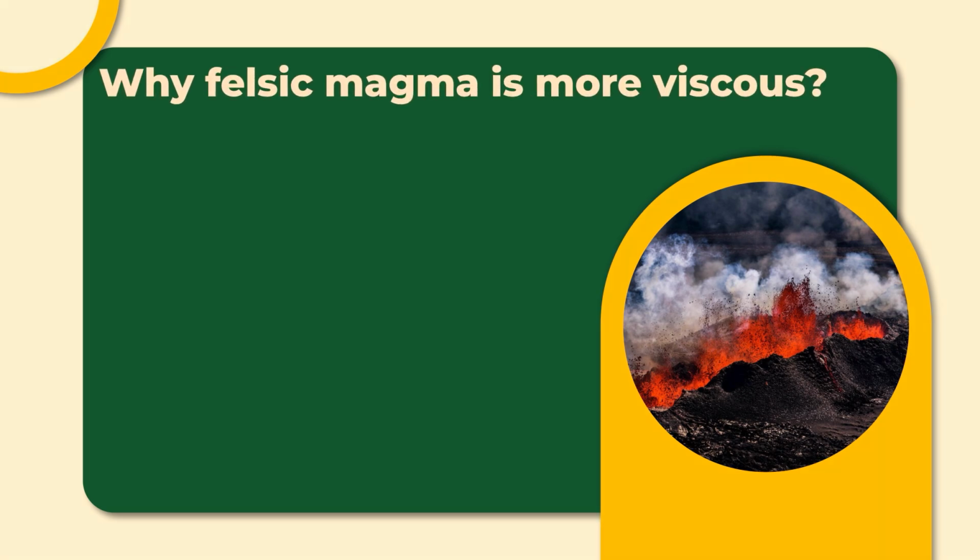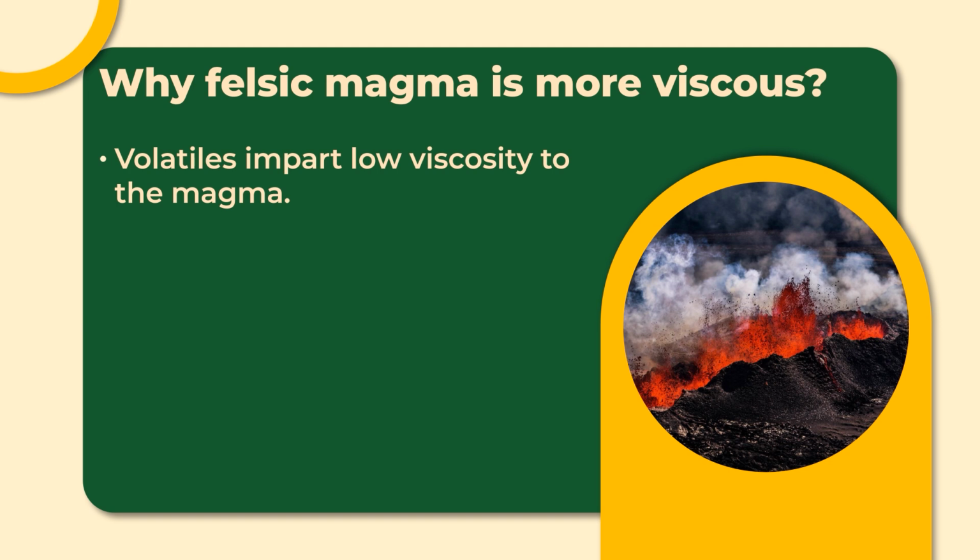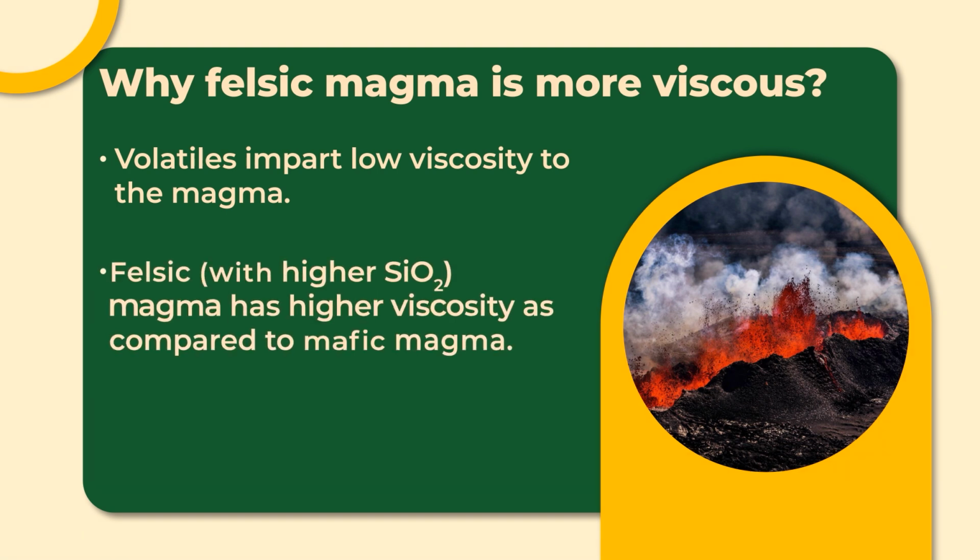Now, why do you think felsic magma, as I told you in the previous slide, has high viscosity? Because they have higher silica oxide percentage, and felsic magma has higher viscosity as compared to mafic magma.